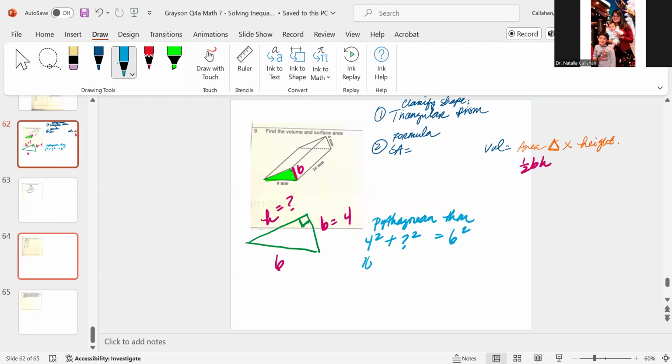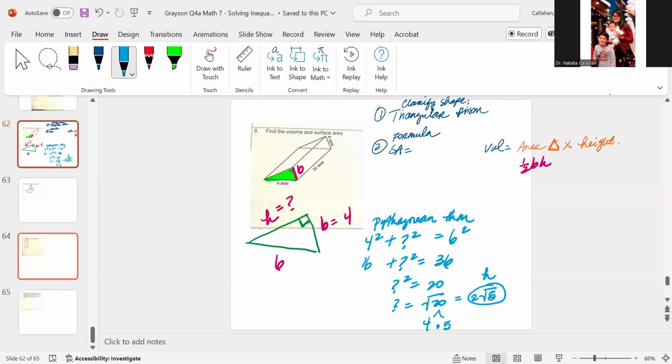Now solve it. That is your height, correct? Yeah. So let's find the volume first.